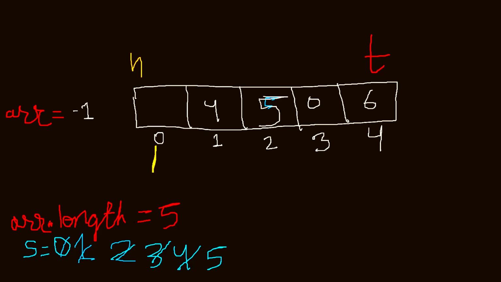Actually, 3 is not removed. 3 is still there. We'll just move head from index 0 to index 1. Why? I'll explain you. And the size of the length will be decreased by 1, to 4. See, this is 3. 3 is already there.